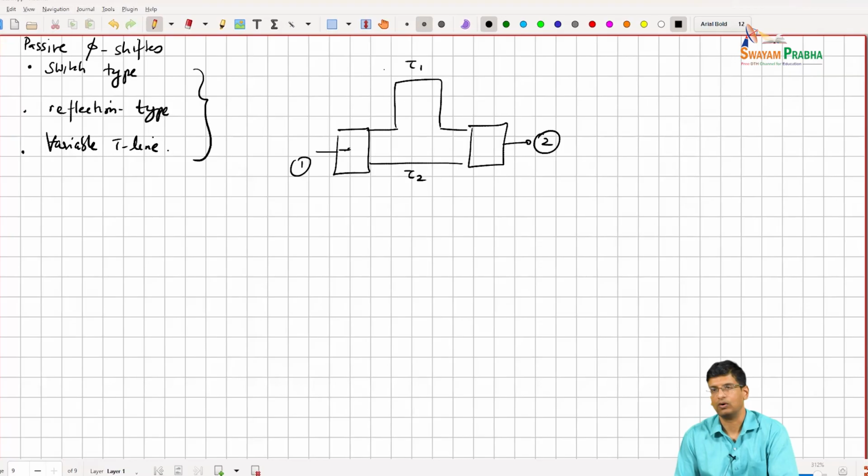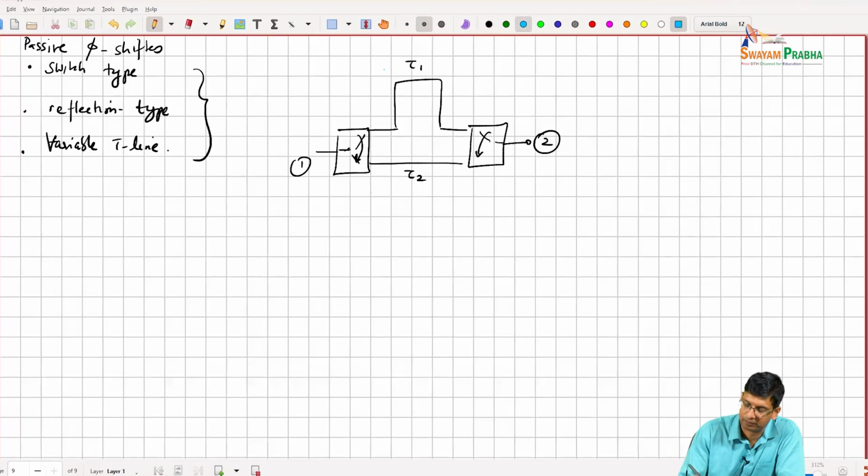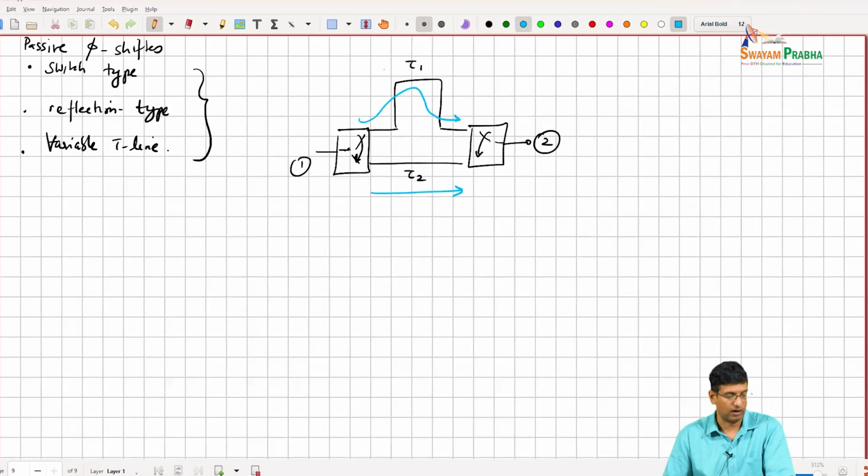So I can choose whether my switch is turned this way or this way, to go from input to output through this path or this path, right?